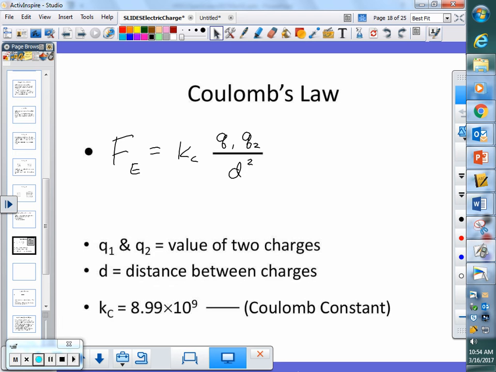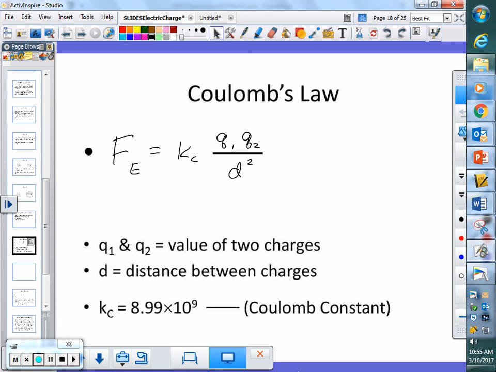Do I actually have to touch the pith ball to make it move away? No. If I want to move that roll of tape, though, what do I have to do? I actually have to touch it.